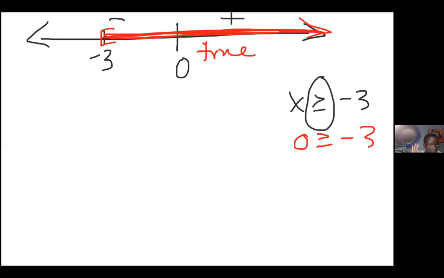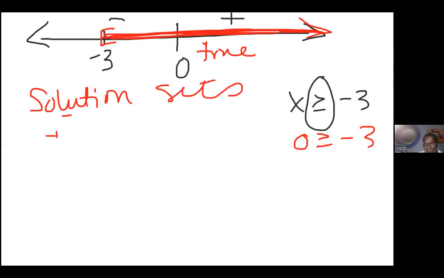So next part of this, guys. When we are talking about solving linear inequalities, we must write the solution sets. The solution sets can be represented in interval notation.